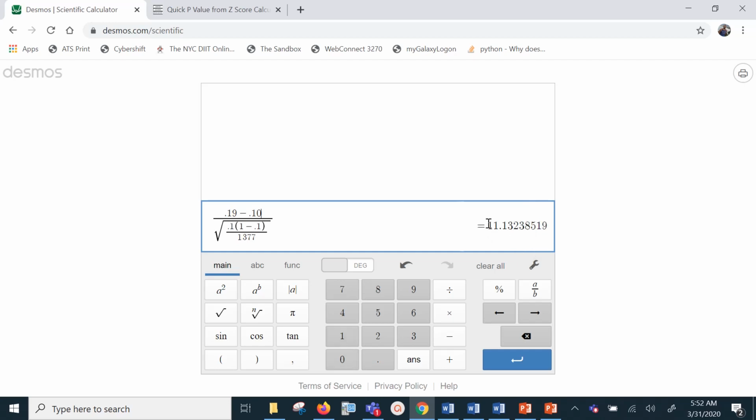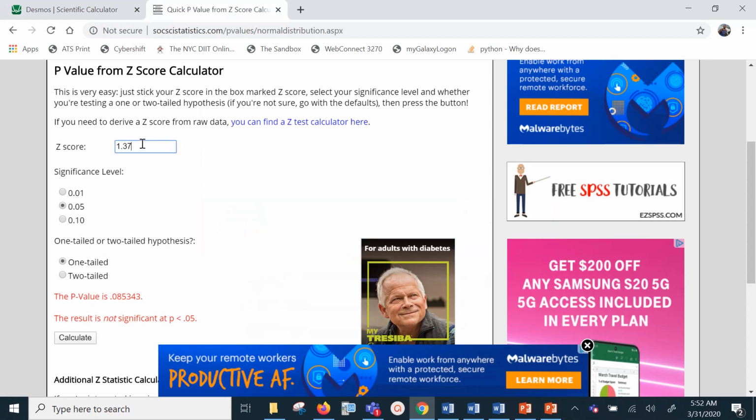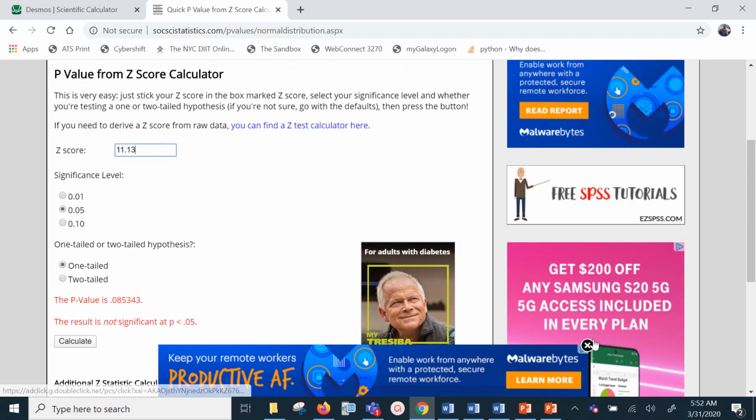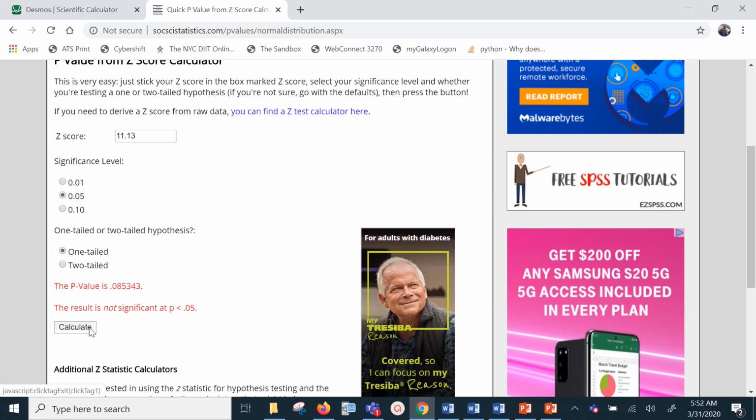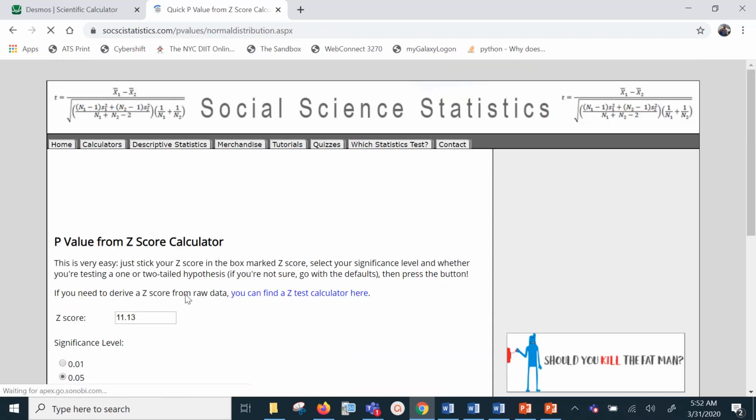Our z-score is 11.13. That's really not close to 0 at all, right? It's really high. And we're going to put this 11.13 into this calculator, shady calculator, right? All these ads, but hit calculate, and then, all right, sometimes it takes a little while.